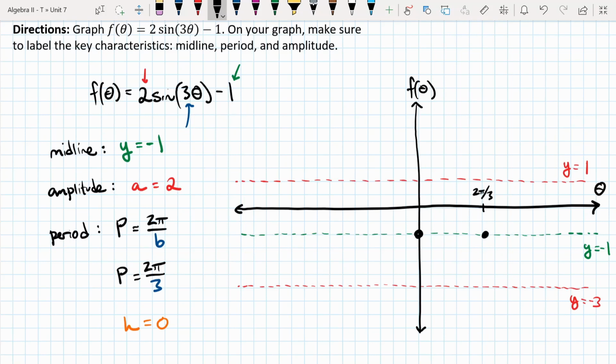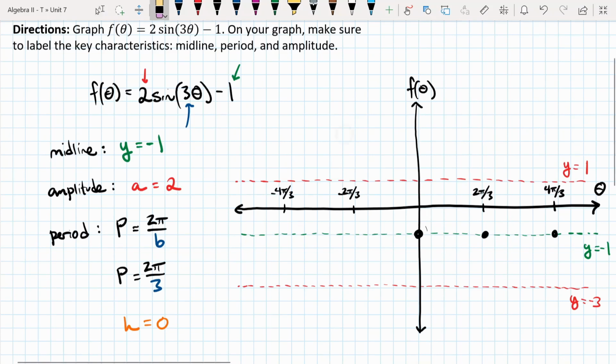So it's going to repeat one cycle from the starting point to 2 pi over 3. And let's do one more. So 2 pi over 3 times 2 is going to be 4 pi over 3. And then we can also do it the other way. So instead of 2 pi over 3, we'll do negative 2 pi over 3, and then negative 4 pi over 3.